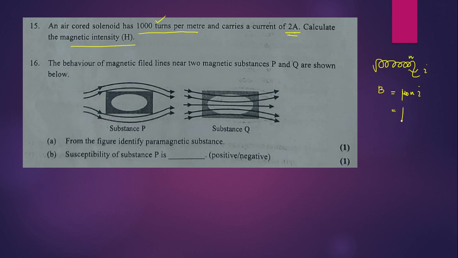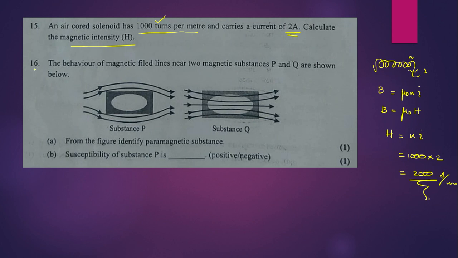But we know the concept as mu 0 times H. So B is equal to mu 0 times H. So H, the magnetic intensity, takes the value n into I. So that is 1000 turns per meter into 2 ampere. So that is 2000.